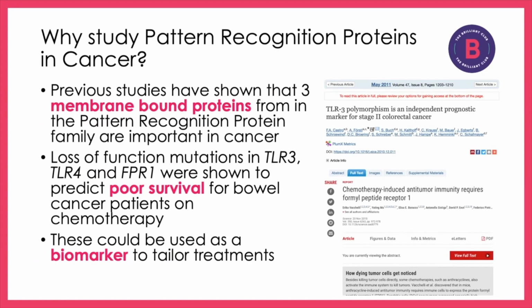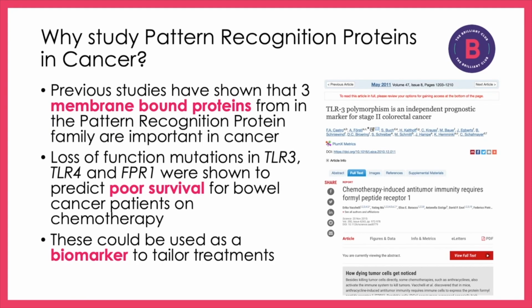So I've largely said that the adaptive immune system, so the specific, slower part of the immune system, has been shown to have an effect on how long cancer patients on chemotherapy will live. So why did I choose to look at the innate immune system, the faster but non-specific part of the immune system? Well, essentially, there were some interesting looking research studies coming out of some groups in Europe, and a lot of them were actually coming out of France.